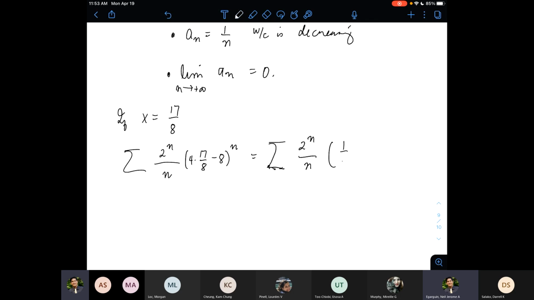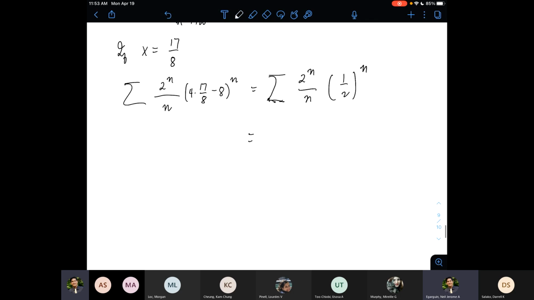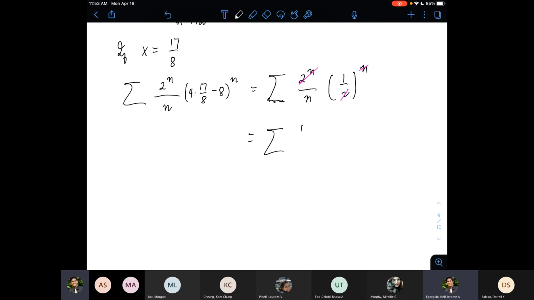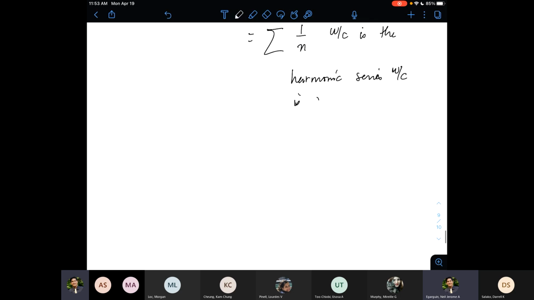So that's going to be 1/2 to the power n. And you see that this will be canceled by that, right? Because this will have a 2 to the power n in the denominator. So basically, this will just be the sum of 1 over n, which is divergent because it's the harmonic series, which is divergent.